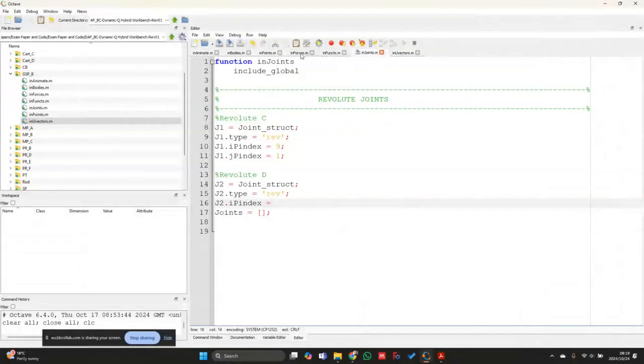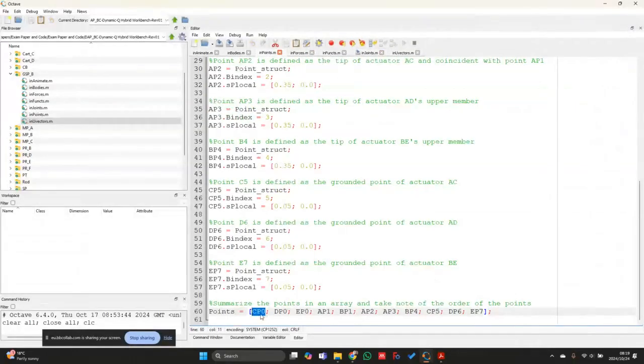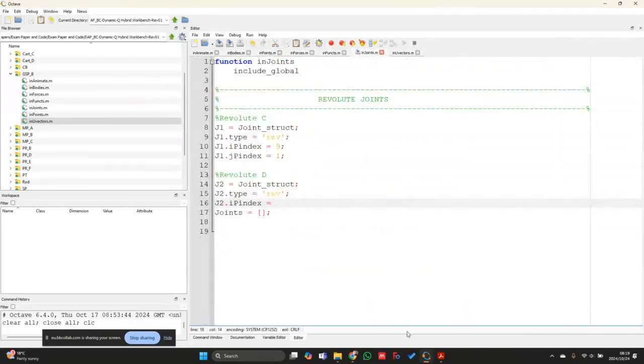So DP6 and DP0. So that would be, if I look over here, 1, 2, 3, 4, 5, 6, 7, 8, 9, 10, and 2. I'm just going to say 10, and then J2.JP index is 2.